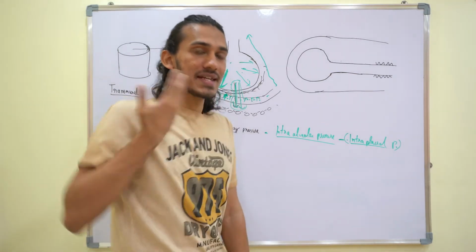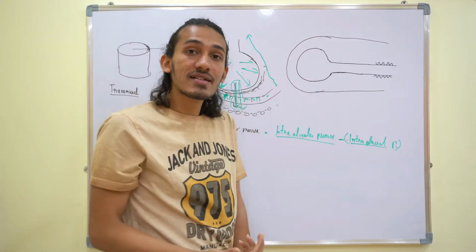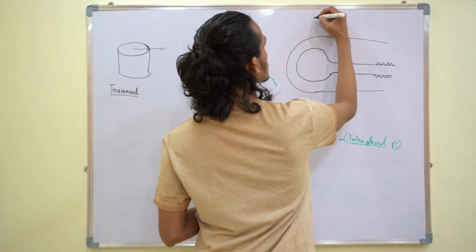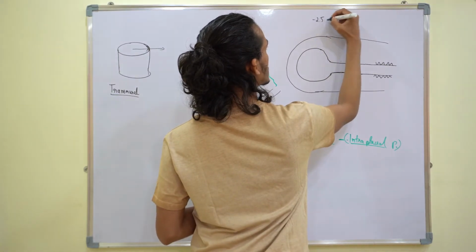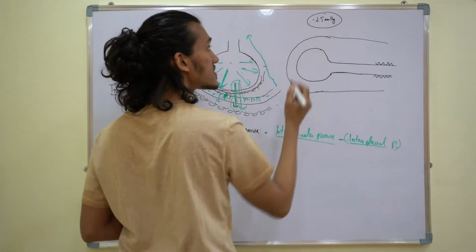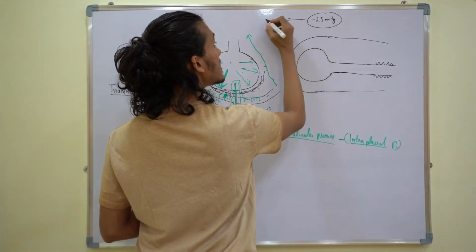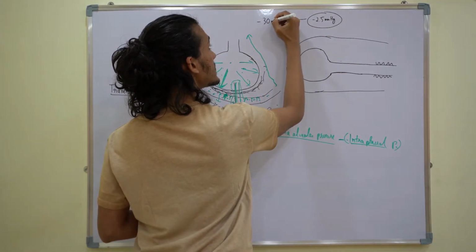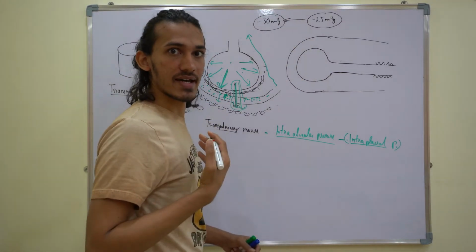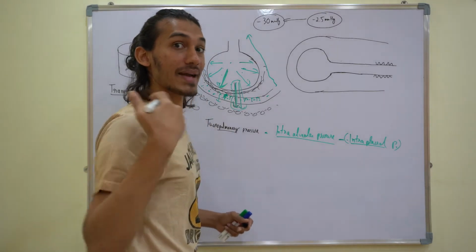When you forcefully inspire, this can go up to minus 30 millimeter of mercury. Normally this is minus 2.5 millimeter of mercury, and it can go to minus 30 when you inspire forcefully, at maximum inspiration.